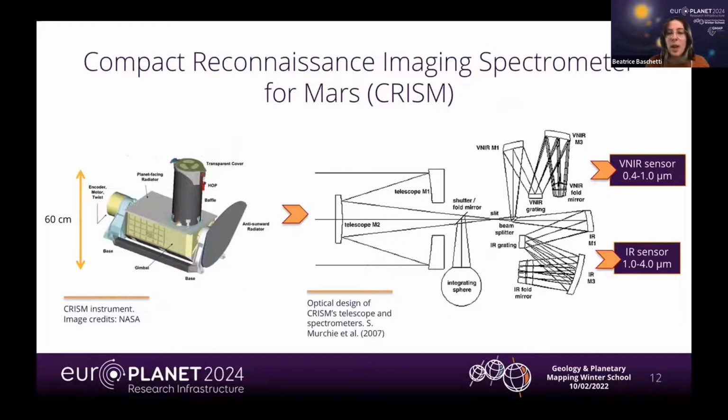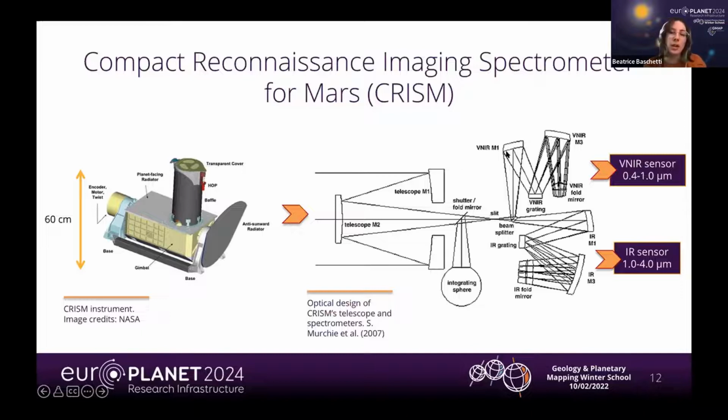So I'll talk specifically about CRISM and not Omega, because CRISM has a higher spatial resolution and is able to characterize also small-scale deposits with unprecedented detail. So here's the CRISM instrument, and basically the light comes in from a telescope, and then the beam is split into two.